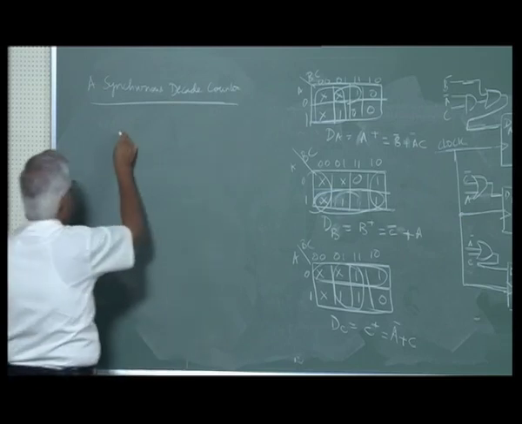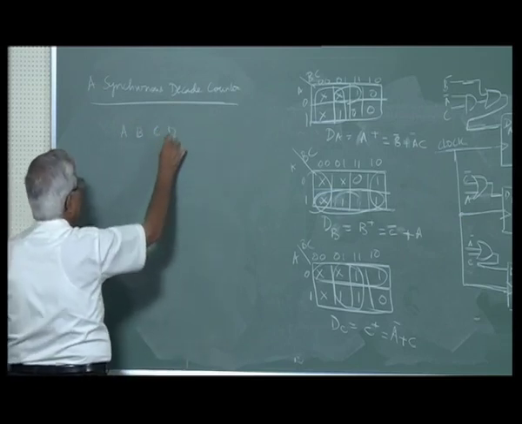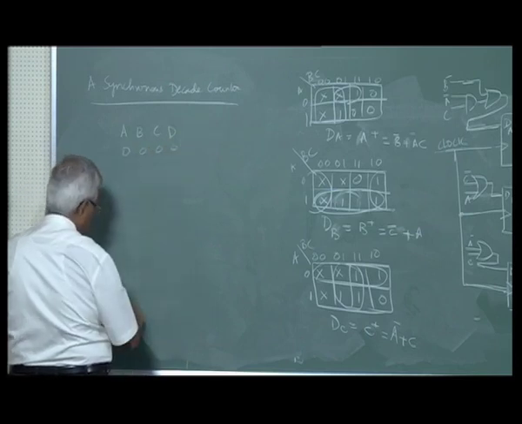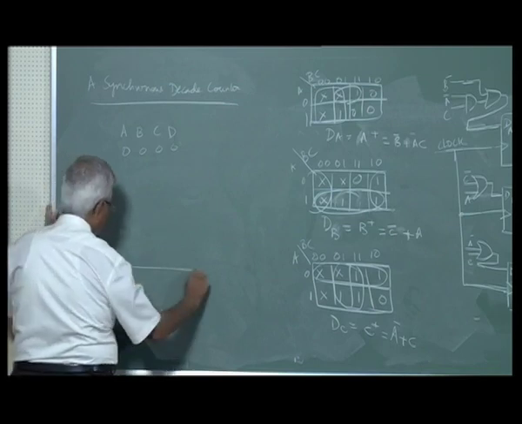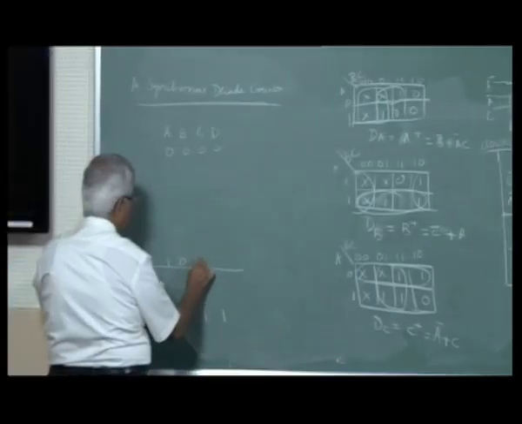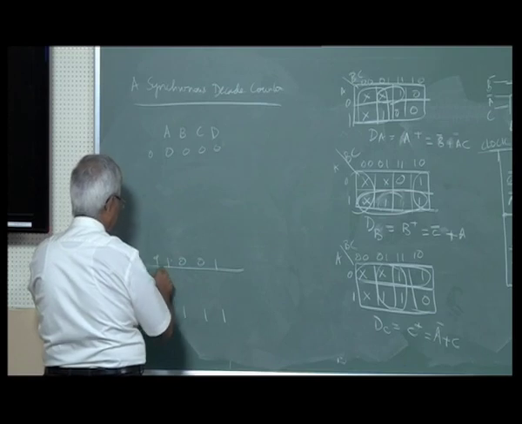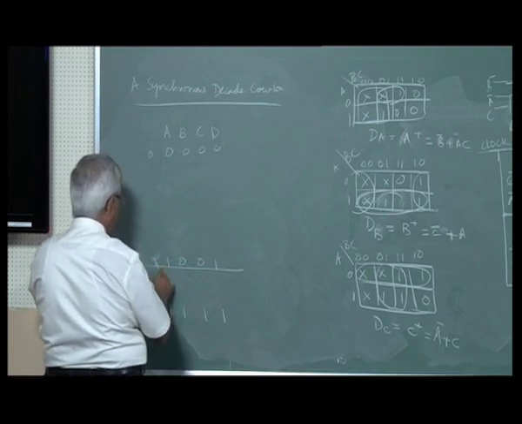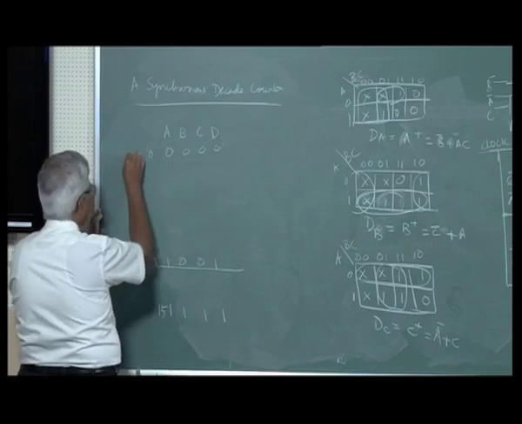What does it mean? I have 4 bits A, B, C, D, starting from 0, 0, 0, 0 all the way to 1, 1, 1, 1. But I want only up to 1, 0, 0, 1, this is 9, and this is 15. I don't want 15, I want only 0 to 9, just ten states. After this you repeat.